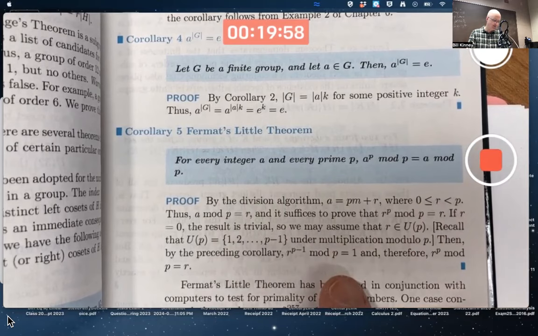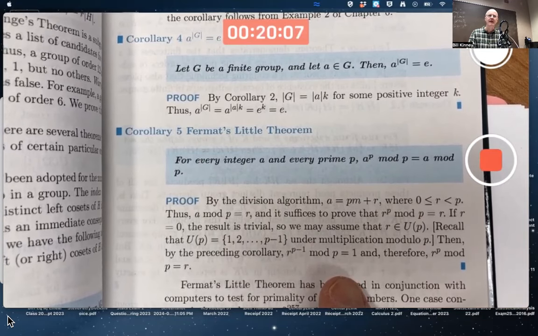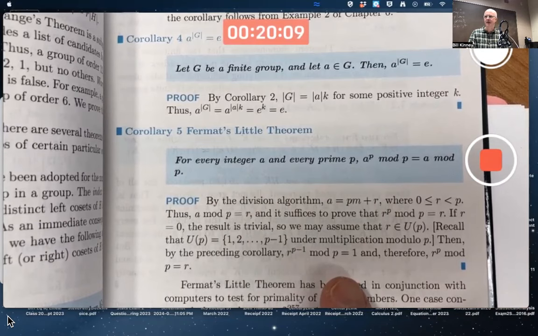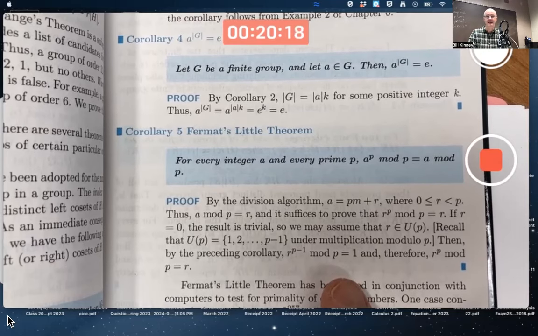The proof's not too hard, but it's kind of tricky enough that I wouldn't necessarily put it on the exam. Is this something you should know? It's a naming theorem. I don't typically test on Fermat's little theorem, but I am emphasizing it right now because it's historically an important little theorem. In fact, it's a big theorem in terms of its applications.